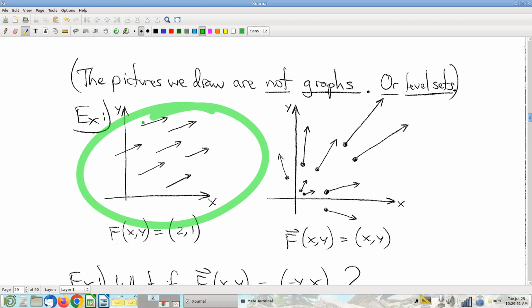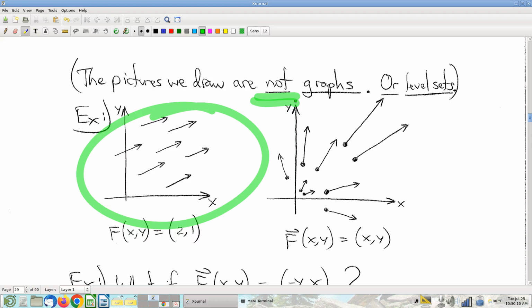We've got 4 of them already, and here's a 5th one. The 5th one is: how do we draw a picture of a vector field? And this picture here is not a graph. It is not a level set. This is not a domain-target, literal picture. This is not a parameterization. It's just a different kind of picture.